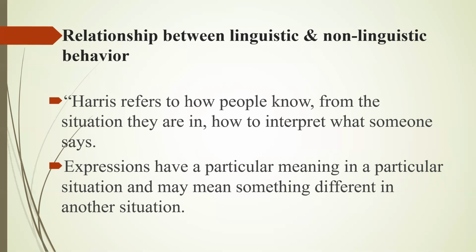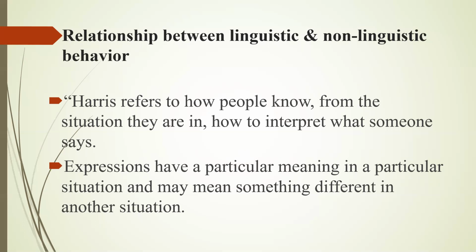Take a simple expression, for example, මොකද කරන්නේ? It is an expression. So it has a particular meaning in a particular situation. It can be used for threatening in a particular situation.